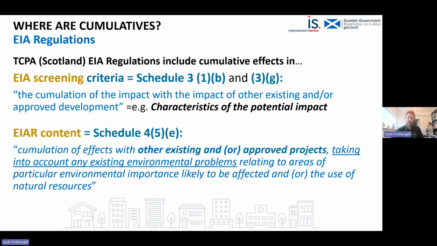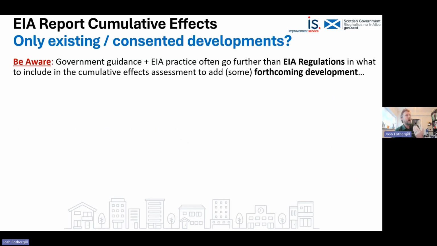What we'll see, however, is in reality, we tend to push beyond that in practice, and there's some very good reason for that. And in fact, the government guidance in terms of the circular, and particularly in relation to practice, will often go further than what the regulations say, in terms of things that either are existing or approved but not yet fully constructed, to look at some forthcoming developments.